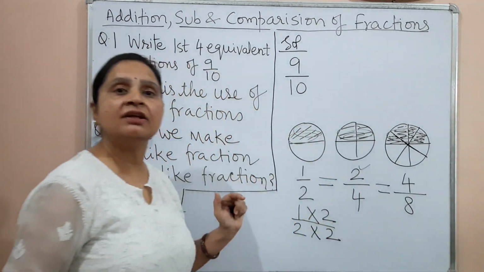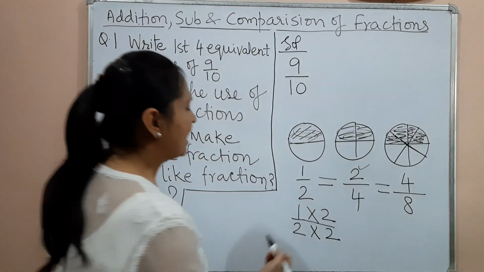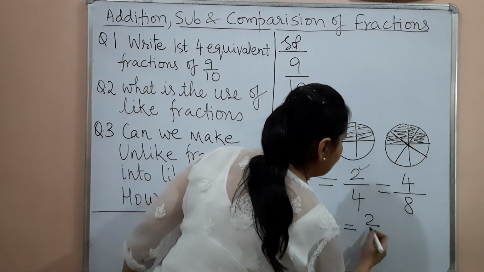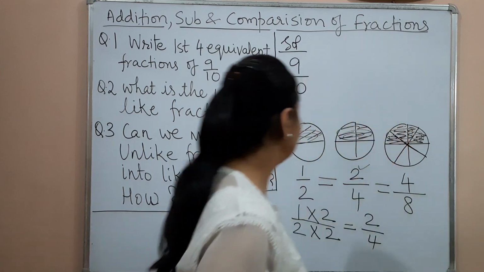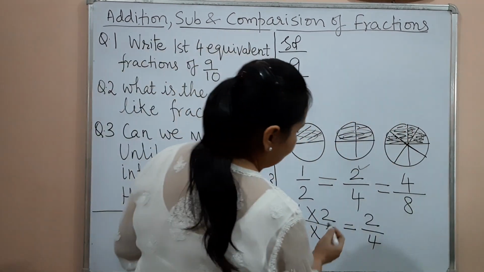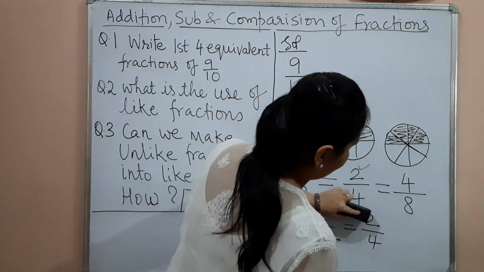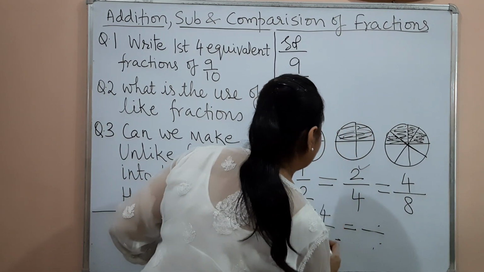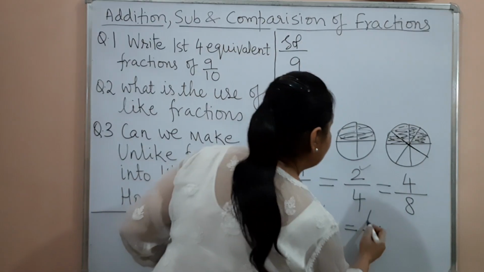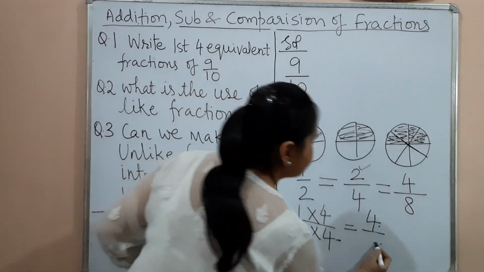I am not changing the number, but I am just manipulating. So the answer is 2 upon 4. Now instead of multiplying by 2, if I multiply by 4 upon 4, then I'll get 4, and 4 2s are 8.